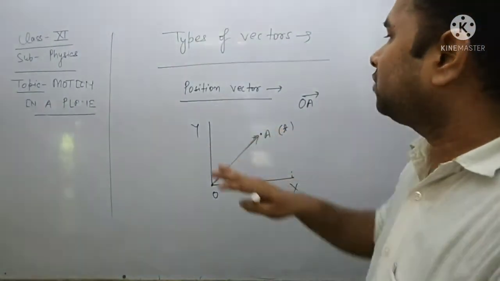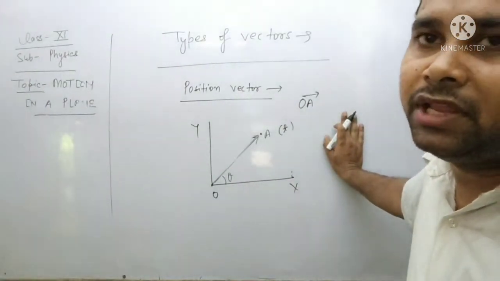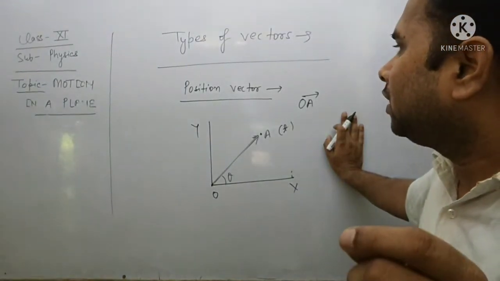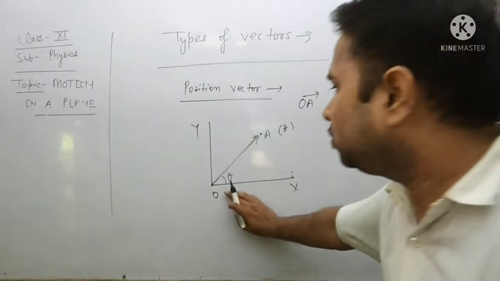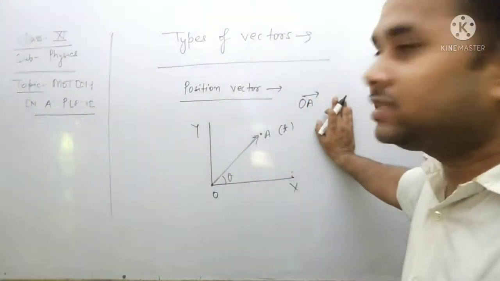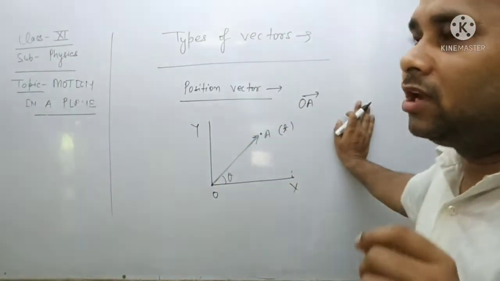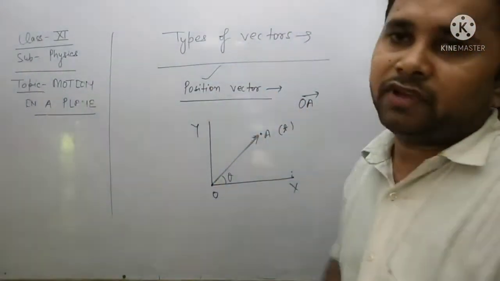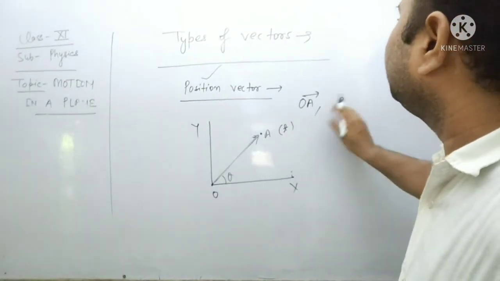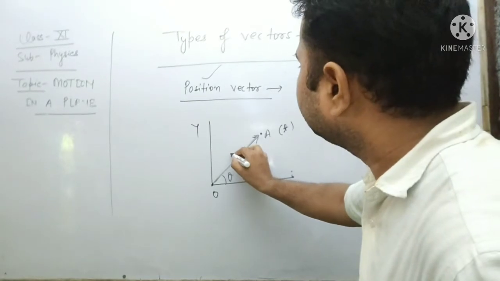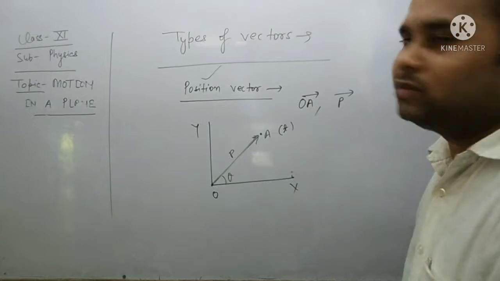So again repeating, the position vector of the body represents the position of the body at an instant of time t, and it gives you two pieces of information about the body: what is its direction with respect to the origin and what is the distance of the body with respect to the origin. Both distance and direction are represented, so it is called the position vector, represented by OA vector, or simply, suppose the OA length is P, you can mark here P vector also.